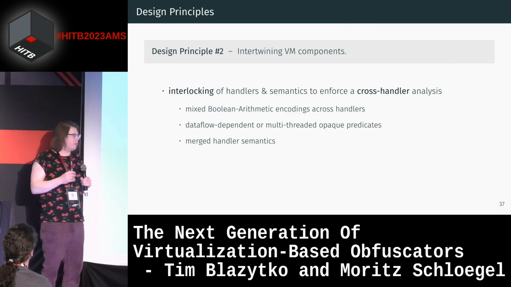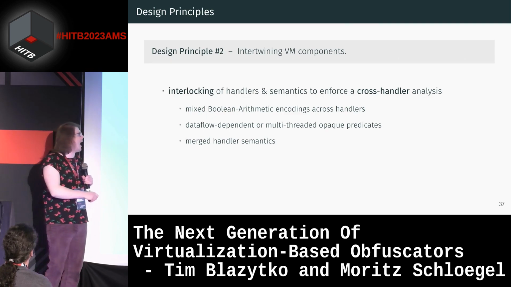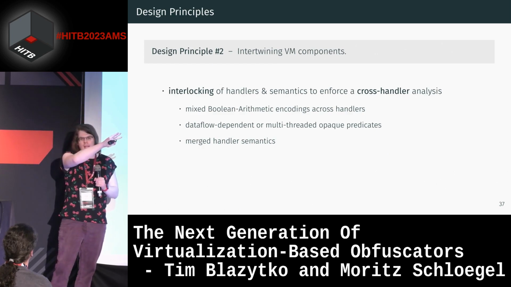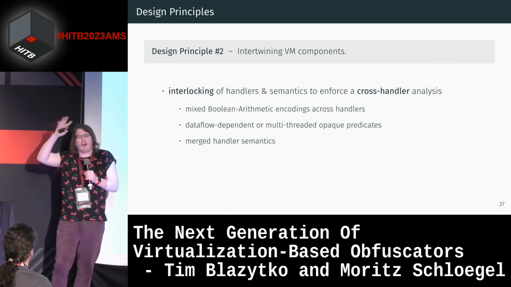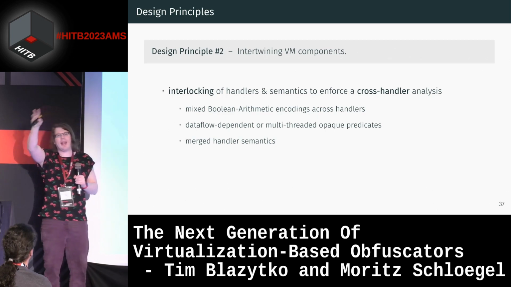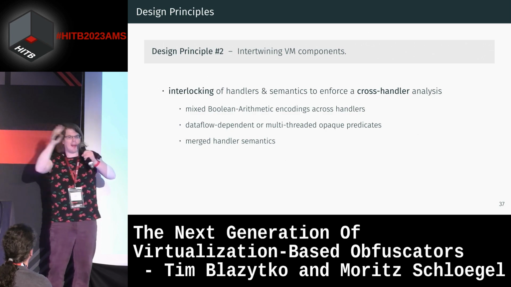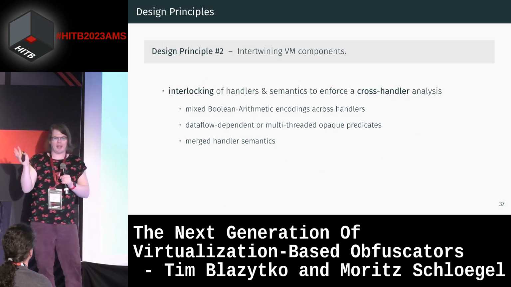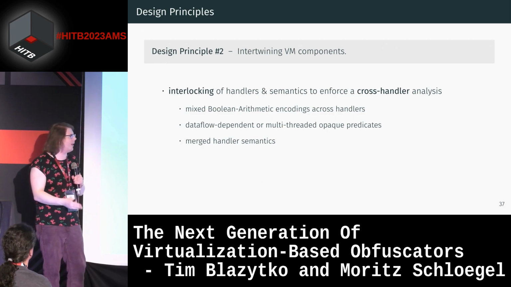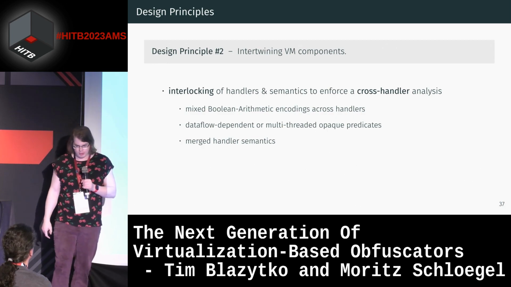This could be realized, for instance, by arithmetic encodings, where one handler performs some partial encoding, which is then further encoded in the next handler, and then further encoded, and 10 handlers later, it just collapses to the original semantics. So basically adding some control flow dependent encoding across different handlers.